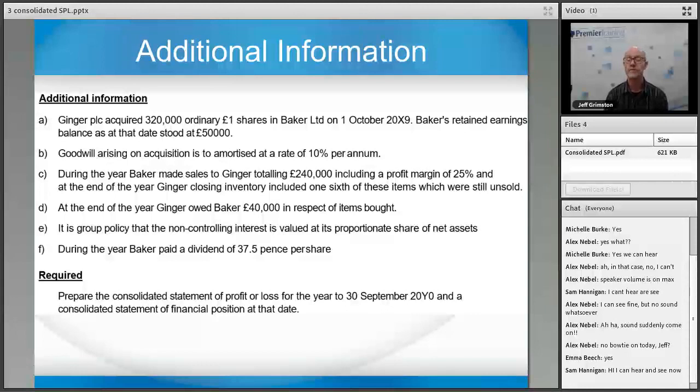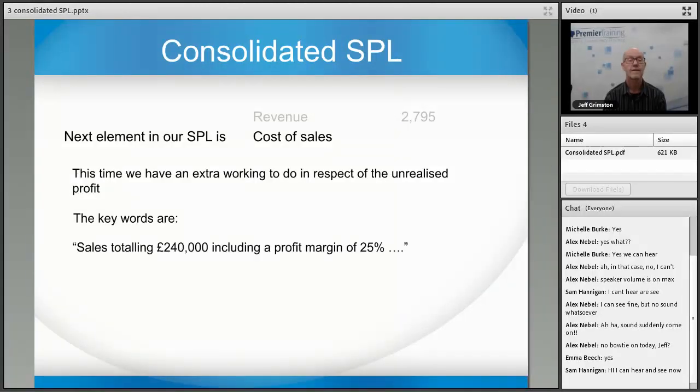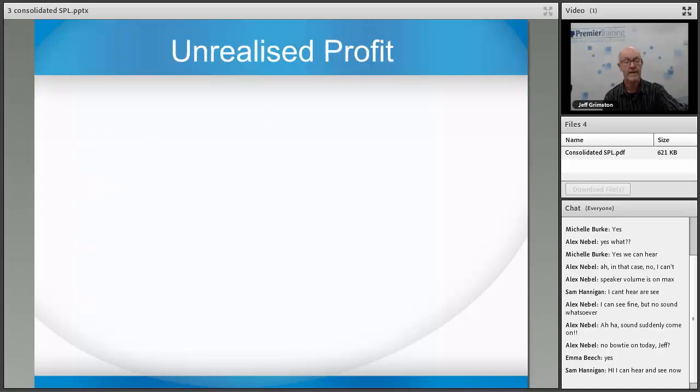So the closing inventory is worth 10,000 less than it appears to be on the face of it. Keywords: 240, 25, 1/6. So we've got £10,000 of profit, which is included in the inventory valuation as recorded by Ginger. So we're going to need to deal with that.